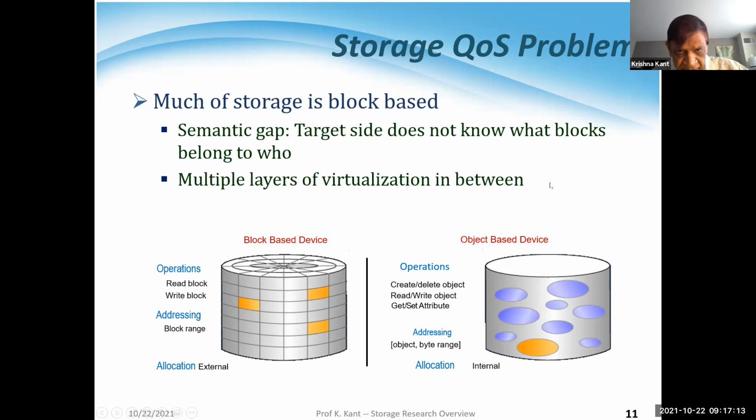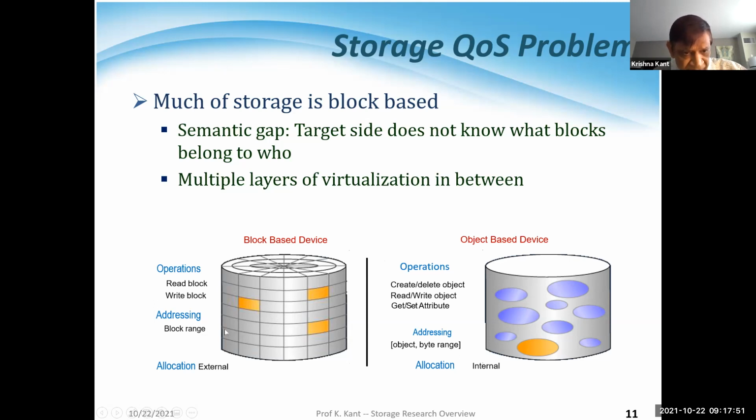All right, so now what is the problem of QoS in a storage system? Why is it so hard to provide QoS? After all, QoS is probably the oldest topic in computer science, and people have been talking about this forever. The problem is that most of the storage that is used is block storage as opposed to object-based storage, meaning that the storage device sees the storage as just a bunch of blocks.